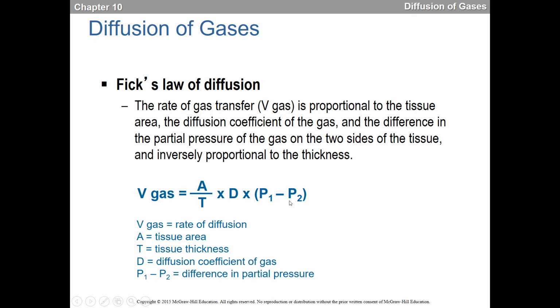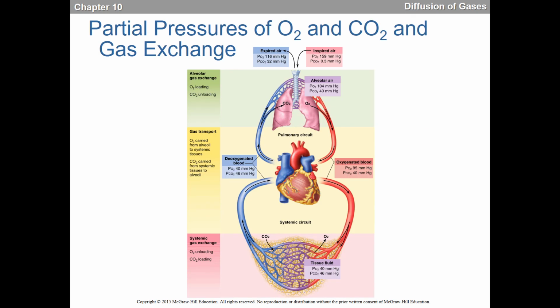So overall, that's the main business driving this, because we really can't alter much of the area of many of our tissues or the thickness of them. Certainly in clinical conditions, the thickness can go up. But really the pressure difference is the main thing determining the rate of diffusion.